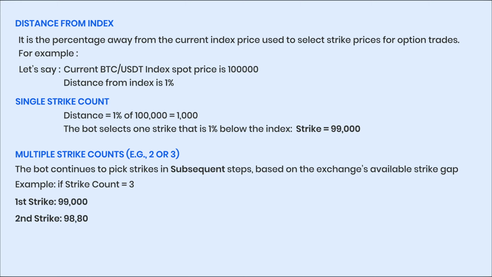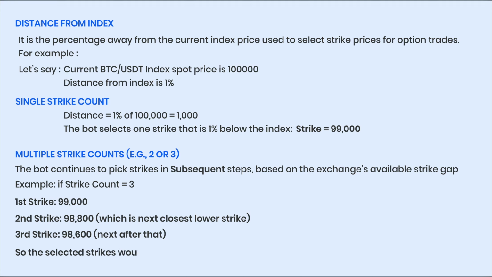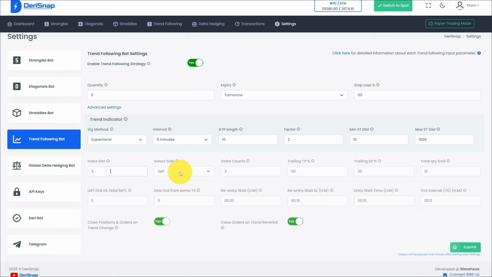Second strike, 98,800, which is the next closest lower strike. Third strike, 98,600, next after that. So the selected strikes would be 99,000, 98,800, 98,600.